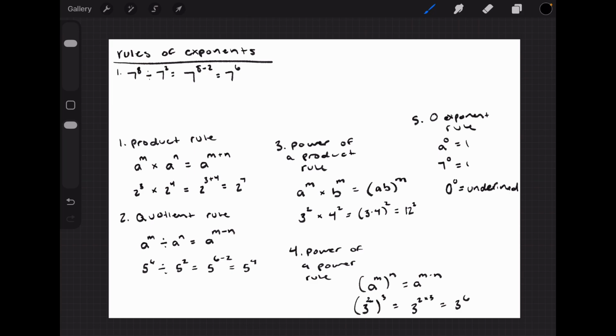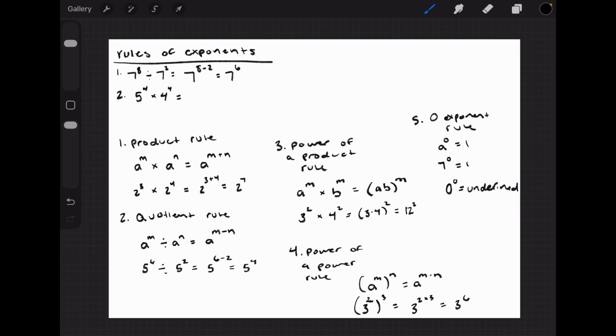Okay, let's do a few more. So another problem we could do could be 5 to the 4th power times 4 to the 4th power as well. Now I want you guys to think of which rule it could fall into.